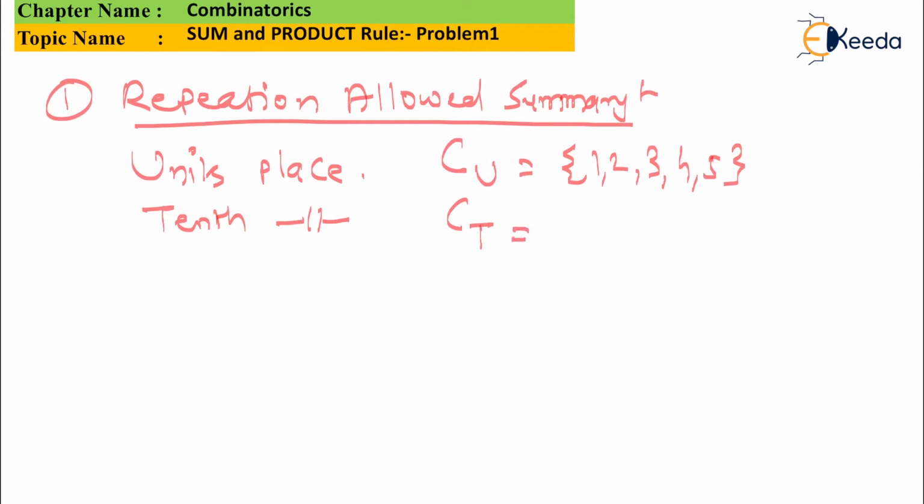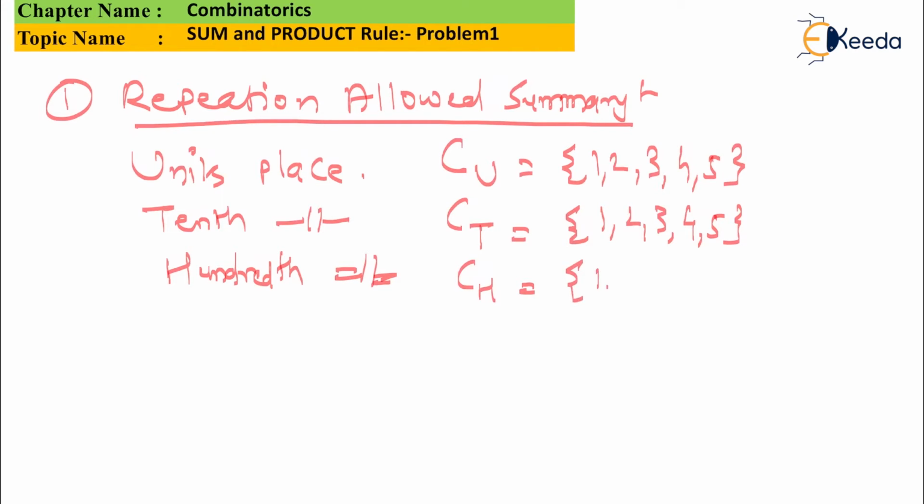If you write down CT, which is the choice set for the 10th place, which was again 1, 2, 3, 4, 5. And if you write down the choice set for the 100th place, then CH would be again the same. That means the same choice set was available to you over and over again. This is what the repetition allowed summary.